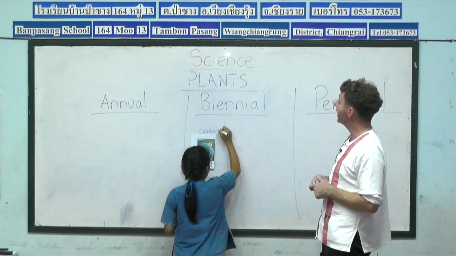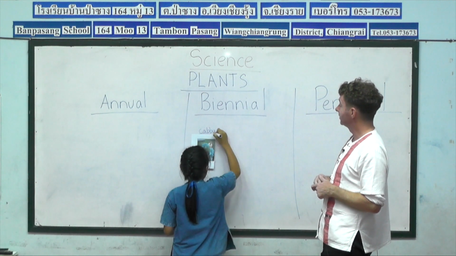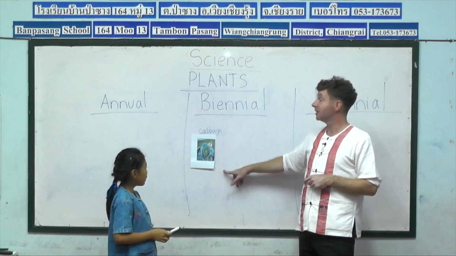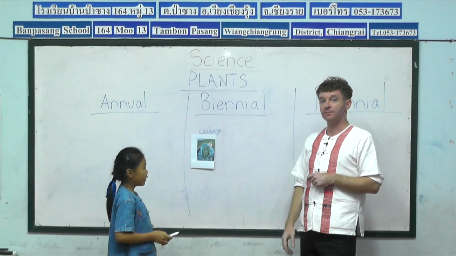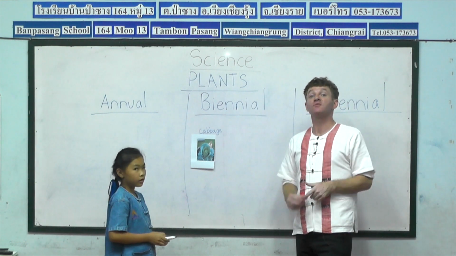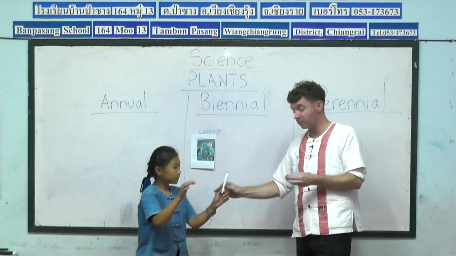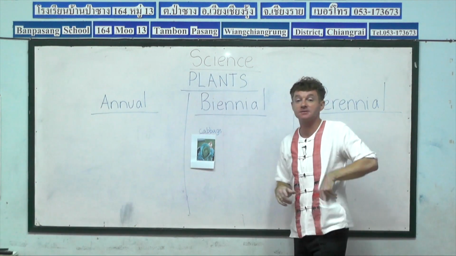C-A-B-B-A-G-E. Excellent, Nadia. So we can say cabbage plant, biennial plant, because it lives for 2 years. Nadia, that was excellent. High five and a big round of applause for Nadia, please, guys.